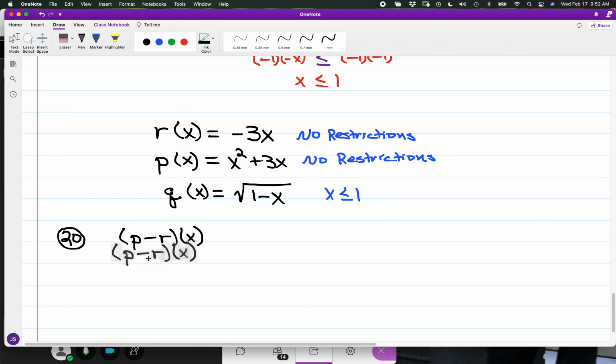And for what we have in the case of p minus r of x, okay, if you notice, we have the functions p of x and r of x involved, and we can go ahead and tackle the domain, because again, the sum, the difference, and the product functions will all have the same domain, and their domain will be defined by combining the restrictions, if any, of the immediate functions involved. Here we are involving p of x as well as r of x, and guess what? Between p of x and r of x, okay, there are no restrictions at all.